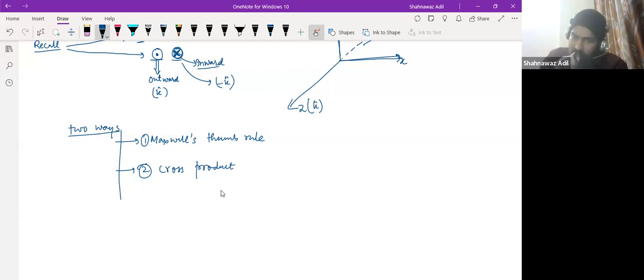So let's say I want to use this Maxwell thumb rule, right? I have, let's say, this current carrying wire, and the current is going upwards, right?